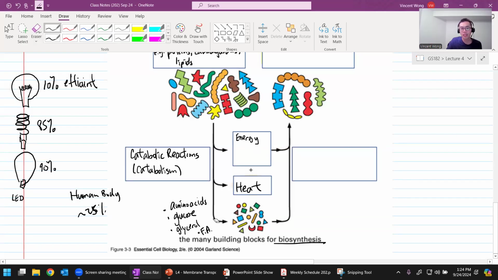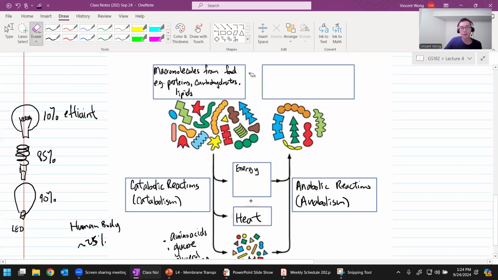Well, one way we can use it is to take the building blocks and build things that we need. And when we build things, we have anabolic reactions, also known as anabolism. And we can build various molecules that are needed in the body.